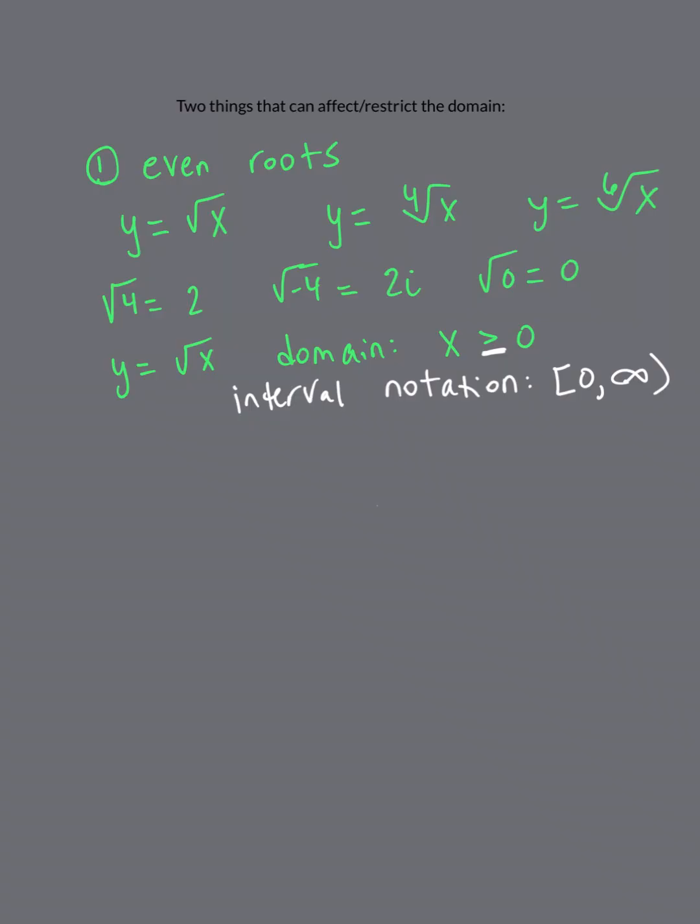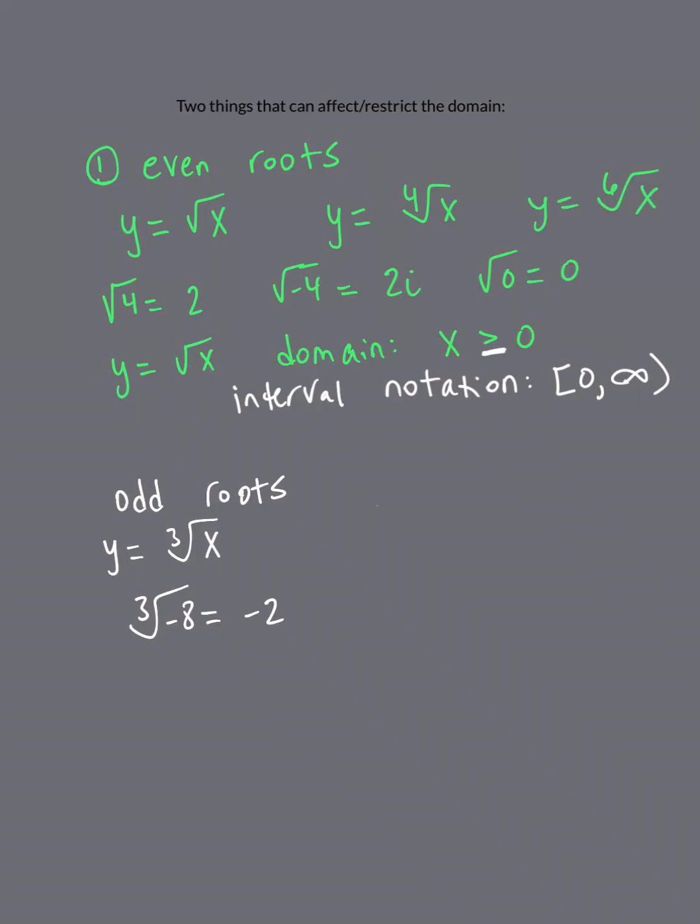Now this does not apply to odd roots, so let's talk about that for just a minute. So let's look at the function y equals the cube root of x. Can we put in negative numbers for x in a cube root? Yes, we can. For example, the cube root of negative 8 is negative 2, because negative 2 times negative 2 times negative 2 is negative 8. So you can find a number that times itself 3 times is a negative number.